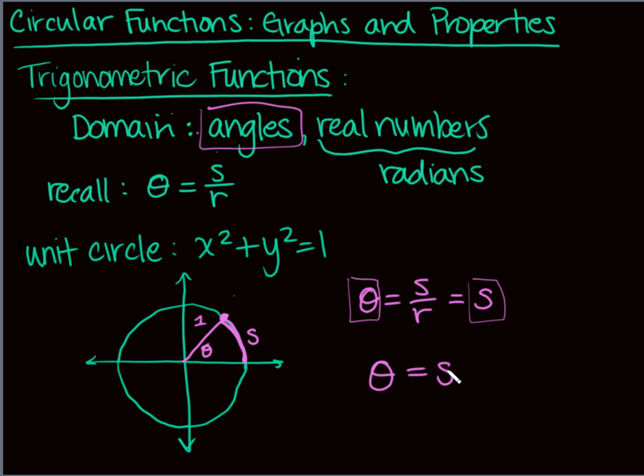But what I really want to point out for those of you that are going to be math majors someday, I'm so excited for you, by the way, is that this right here is just a real number. It doesn't actually have any units to it. It's not a degree. And so look at what we've shown: on the unit circle, theta is equal to just a real number.